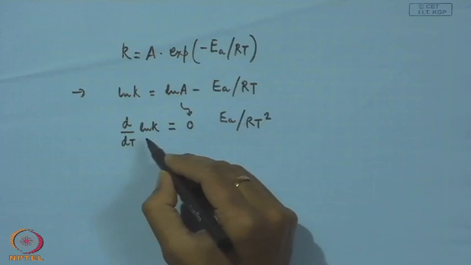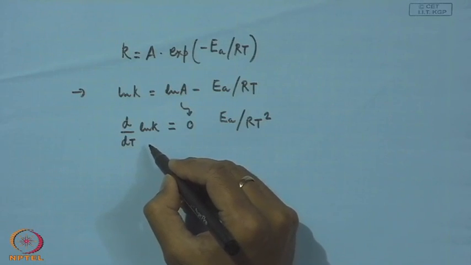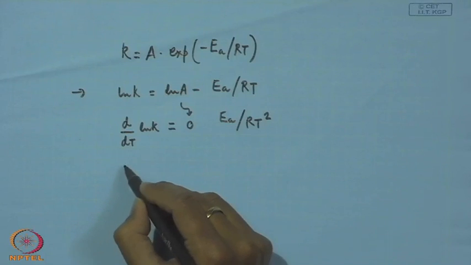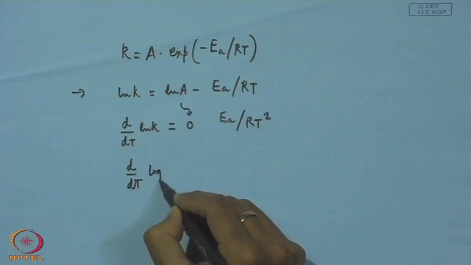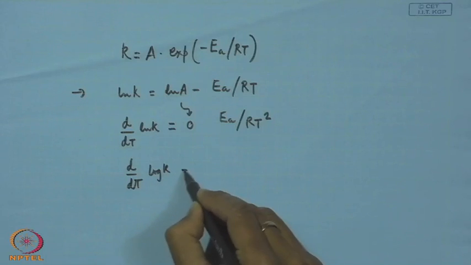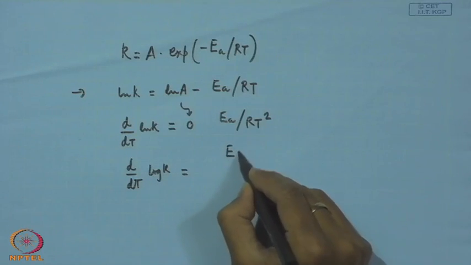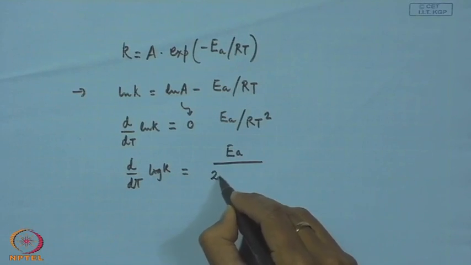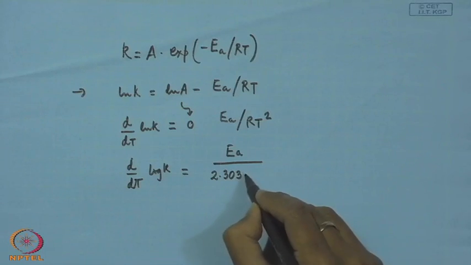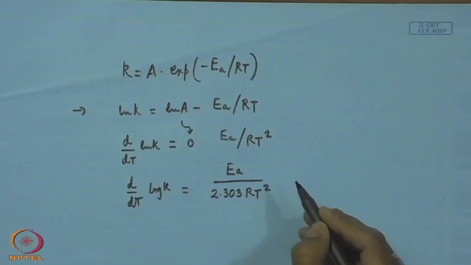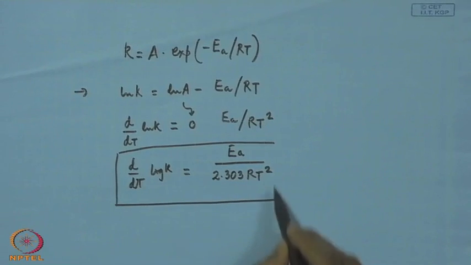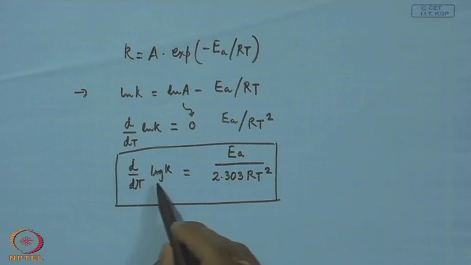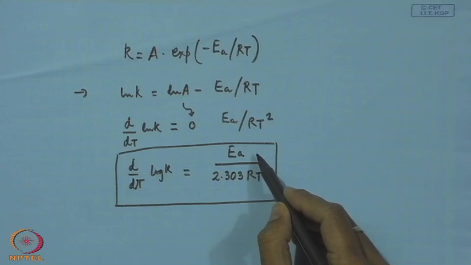This is in natural logarithm, so log base 10 will become d by dT of log k is equal to E a by 2.303 R T square.